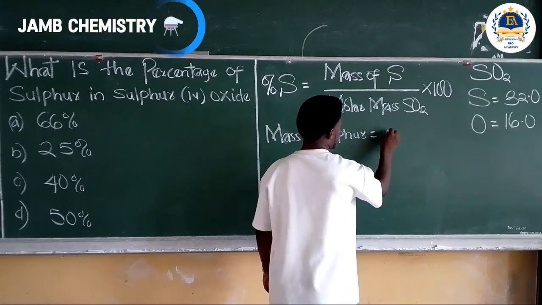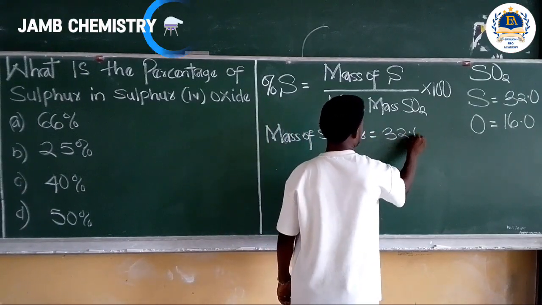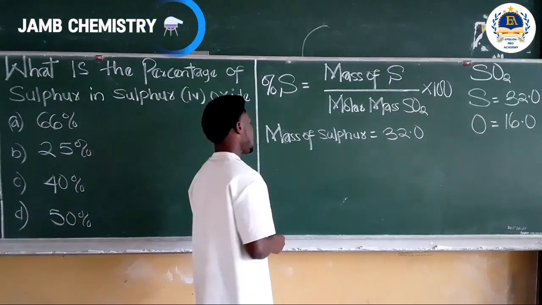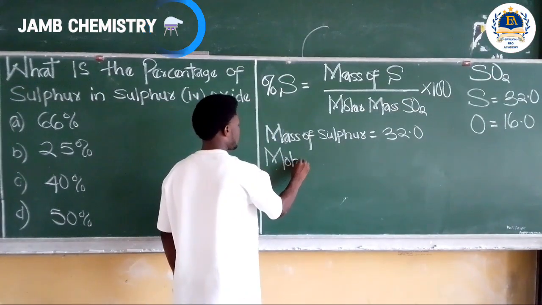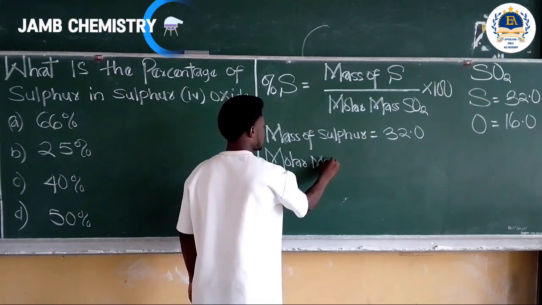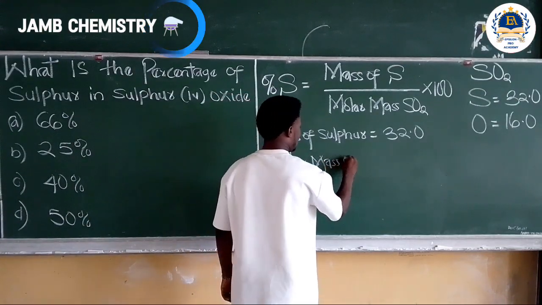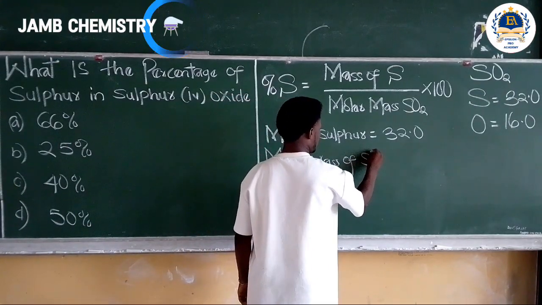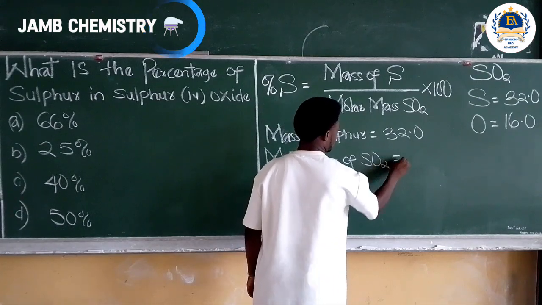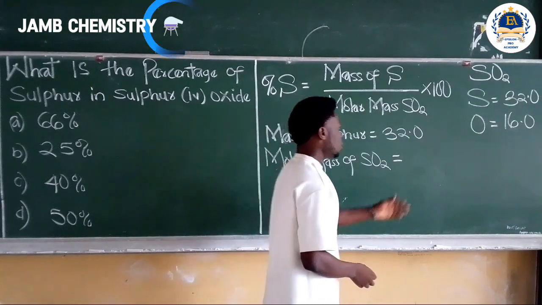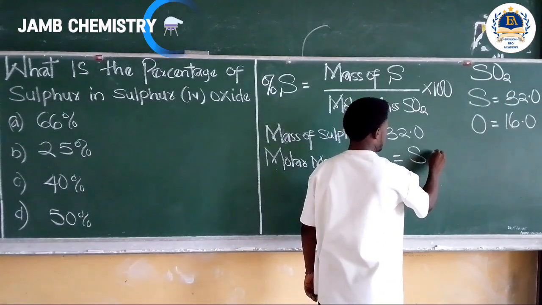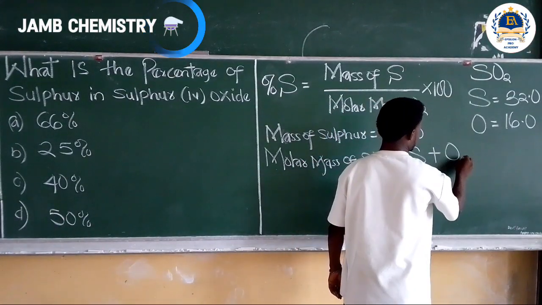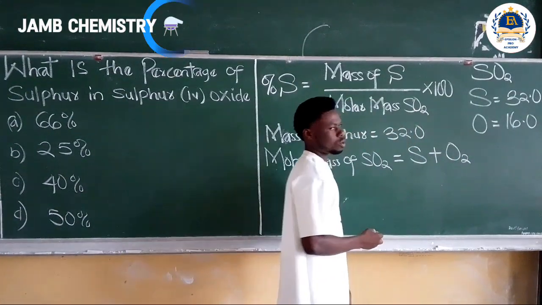Now, the molar mass of sulfur is equal to 32.0, and the molar mass of the compound SO2 is equal to, we have SO2, which is S plus O2.